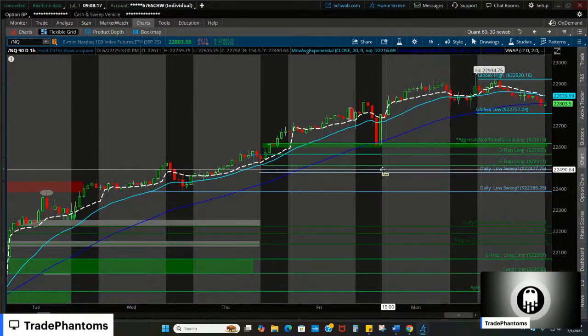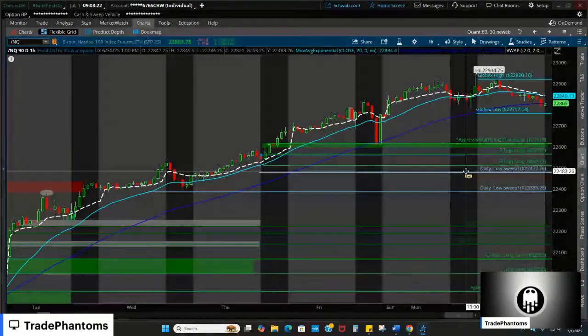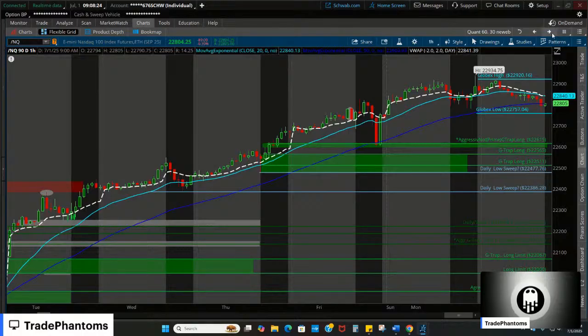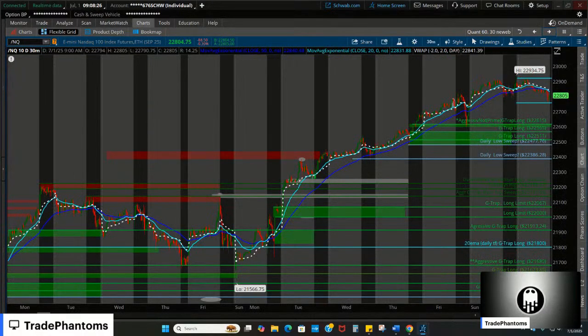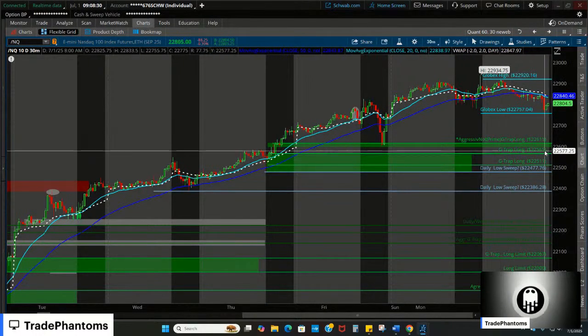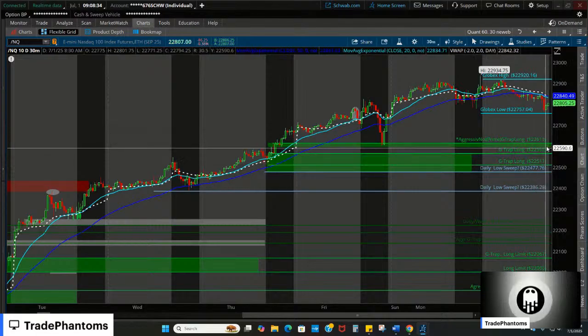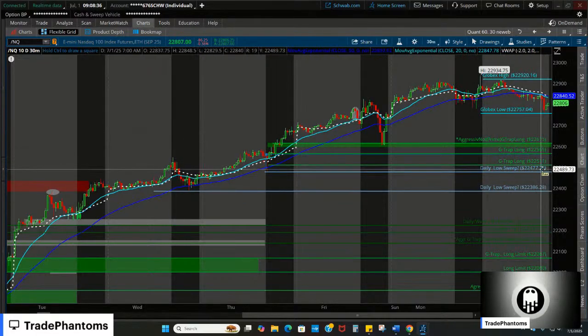So again, I'm just mapping out some key levels here below the Globex low in the event that we snap this lower. A couple levels in here, so basically call it the 22,500. There's a couple levels down here on the NASDAQ.